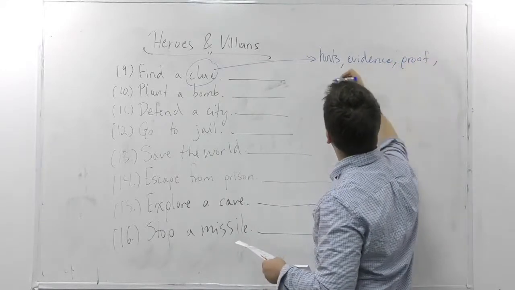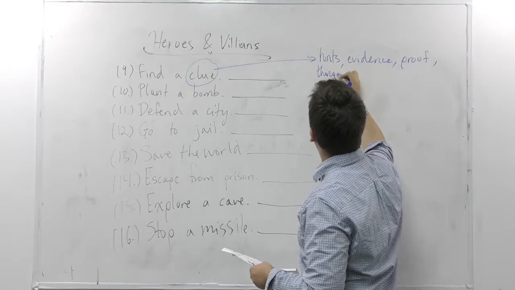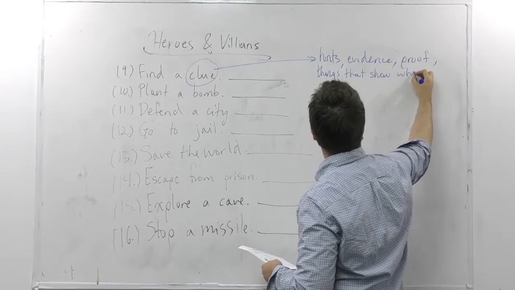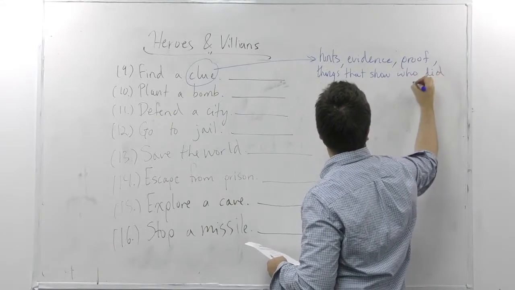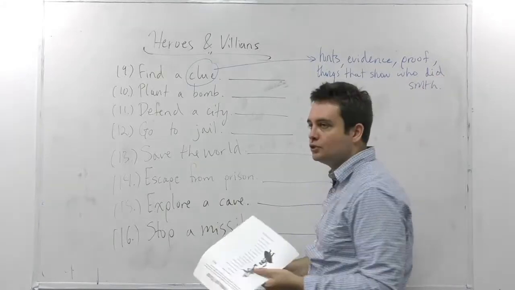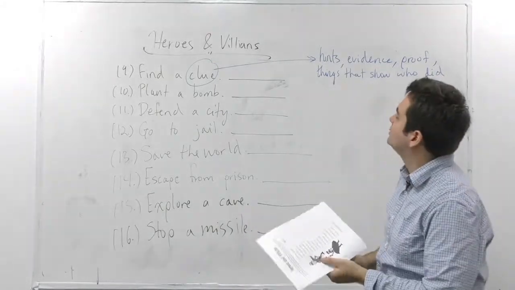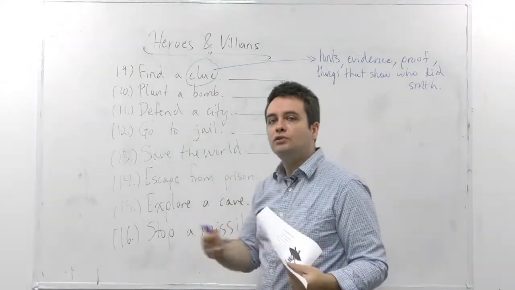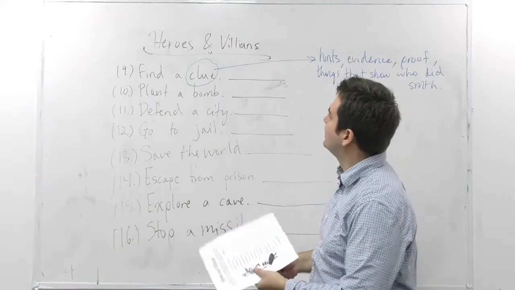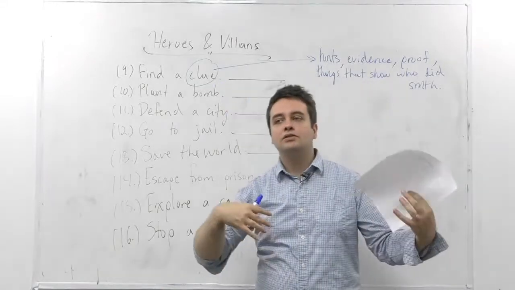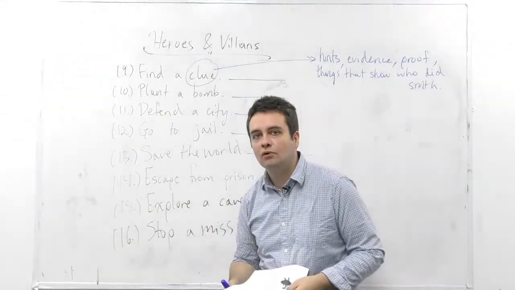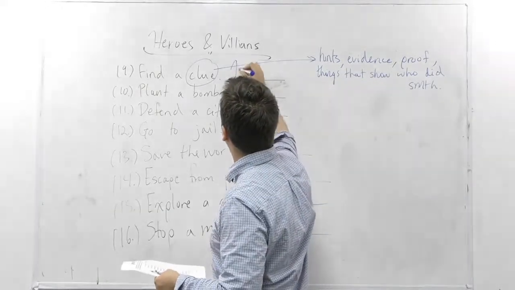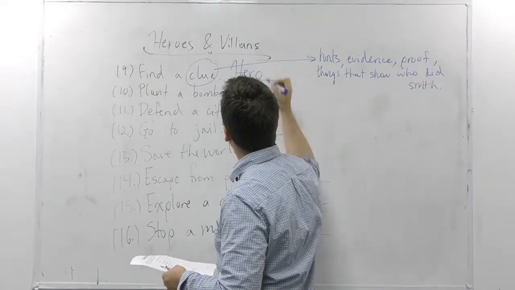Basically, things that show who did something. And something is usually a crime, right? So to find a clue means to find hints, evidence, or proof, things that will show who did this. So who is looking for clues? Is this a bad person? No, of course not. The hero is doing this, whether the hero is a cop or, I don't know, a superhero.